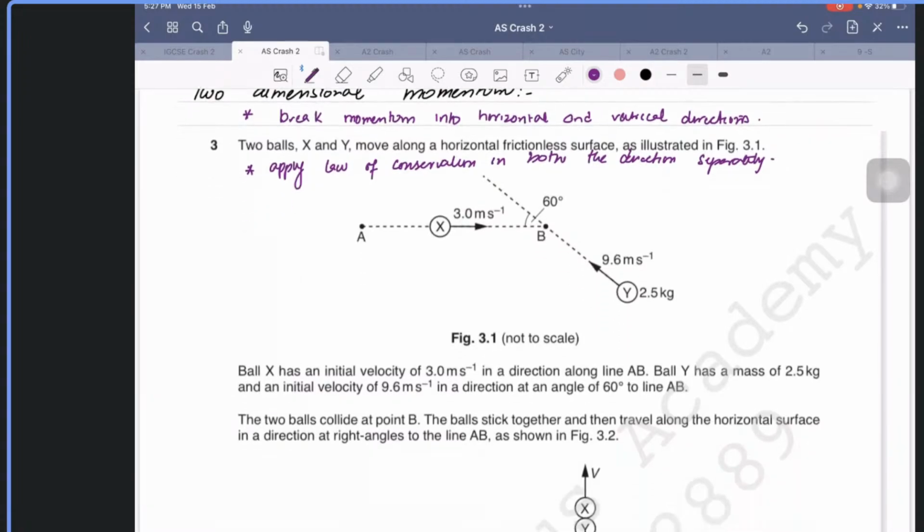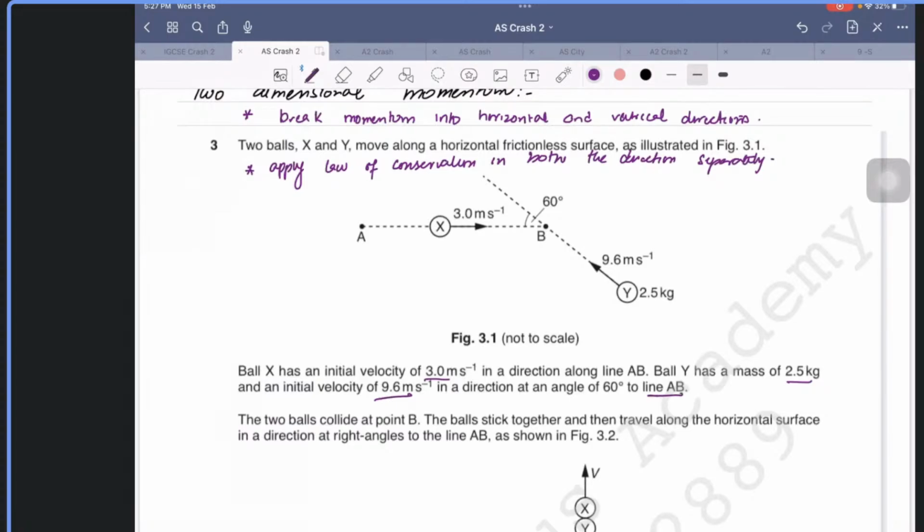So what it says is that two balls X and Y move along a horizontal frictionless surface as illustrated. Ball X has an initial velocity of 3 in direction AB. And ball Y has a mass of 2.5 and its velocity is 9.6, at 60 degrees to line AB.